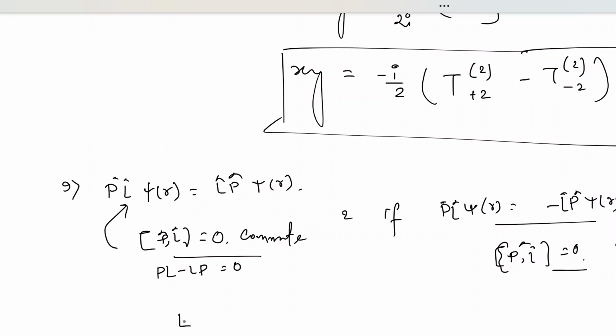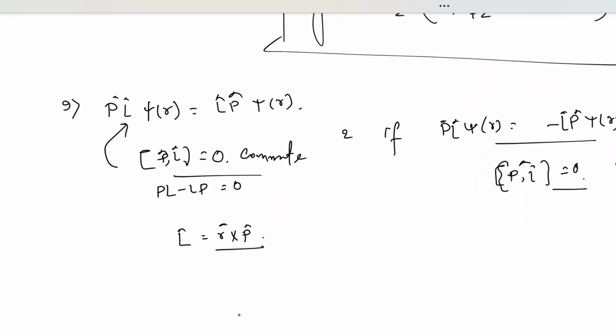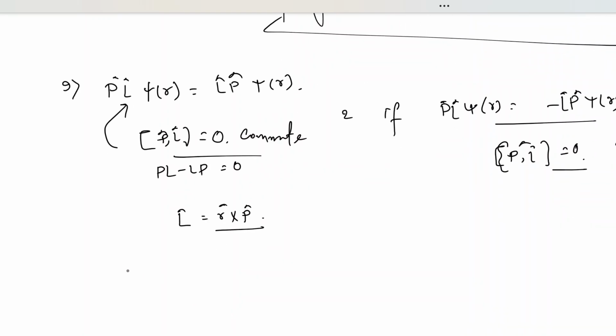Now you know that the angular momentum operator L is basically r cross p, position and linear momentum. First, PL acting on psi r: the parity operator changes r to minus r and p to minus p.